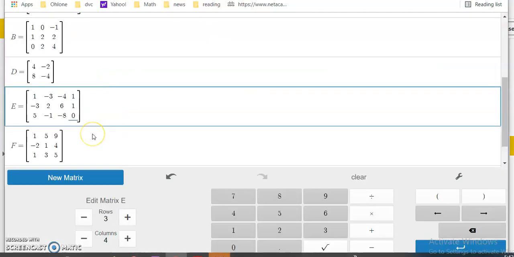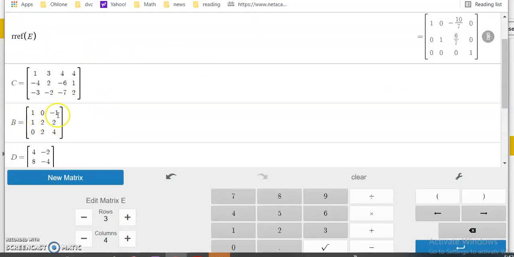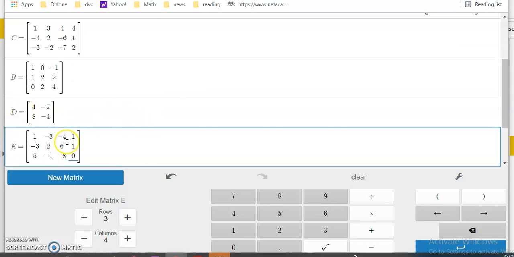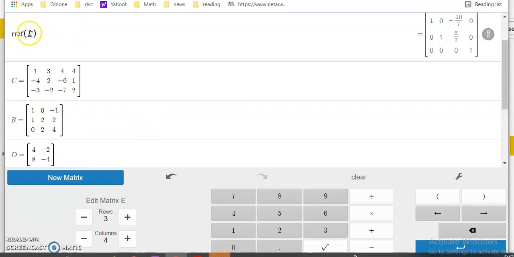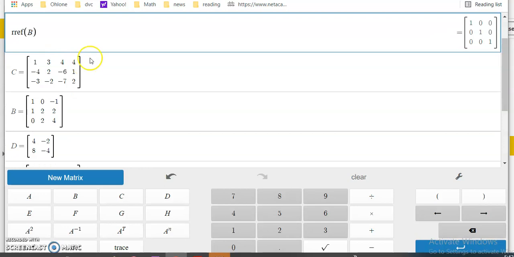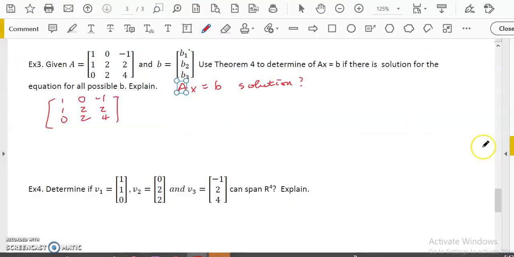So see, did I have that? 1, 1, 0. Oh, I have it in B. Negative 1, 2, 4, right? I have it in B. I entered it in B. So I just do the echelon form of B. There is a pivot position in every row, right?